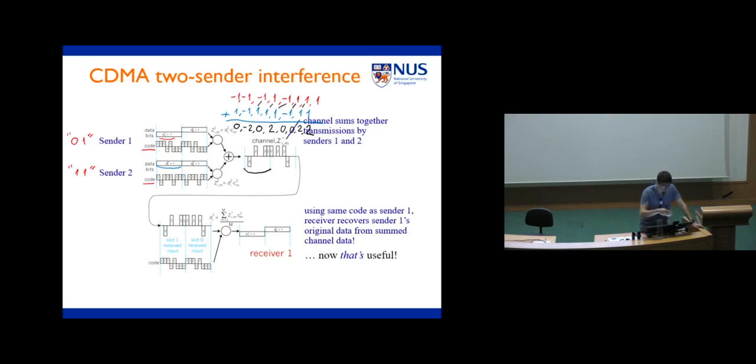Okay, now let's assume I did the same for the second symbol, and this is what the receiver received, because both of them are added together. And to resolve individual transmissions, this is what the receiver does. Let's say it wants to resolve the first sender's transmission.